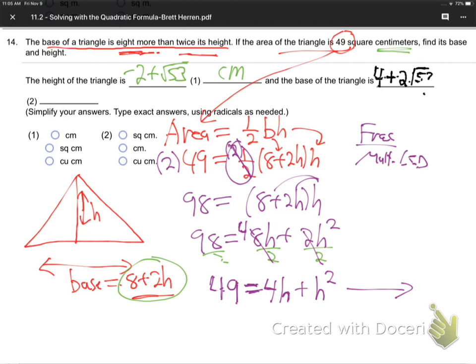Just won't write. There it is, 4 plus 2 root 53. I don't know what's going on with my pen. Okay, so there's the base. That is also in centimeters. So 4 plus 2 root 53. There's the answer, long section.